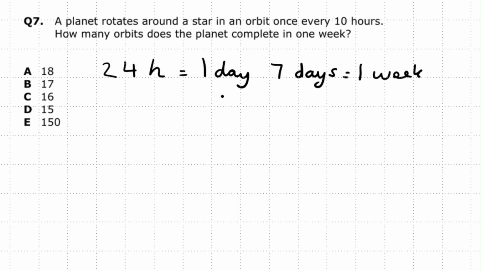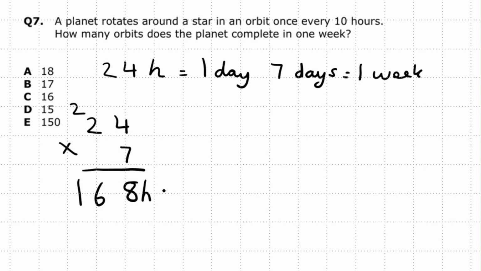So we need to times 24 by 7. 4 times 7 equals 28. 8 goes here and 2 goes here. 7 times 2 is 14 plus 2 is 16. So 168. So there's 168 hours in 1 week.